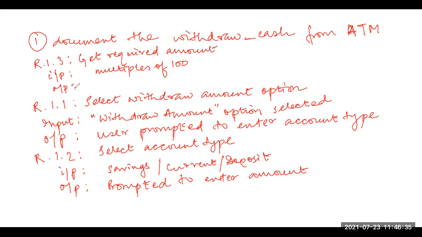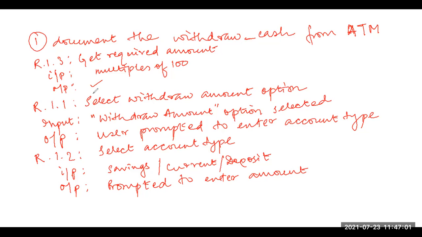The output will be that the requested cash is received and the printed transaction statement is received. Right? So what is the processing? The processing is that the amount is debited from the user's account if sufficient balance is available. Otherwise, an error message is displayed. And what is the output?